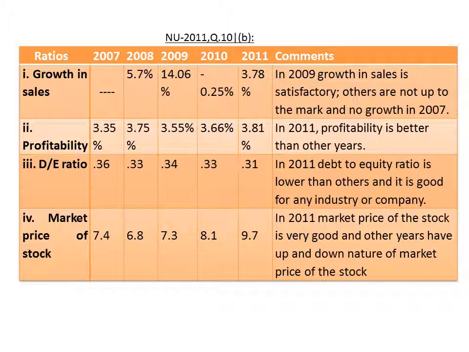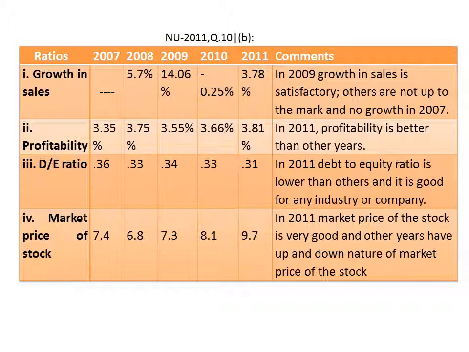In 2008 it is 5.7% growth in sales. In the same way 2009 growth in sales is 14.06%, 2010 is minus 0.25%, and then in 2011 it is 3.78% growth in sales.